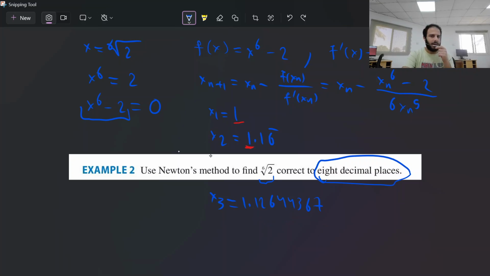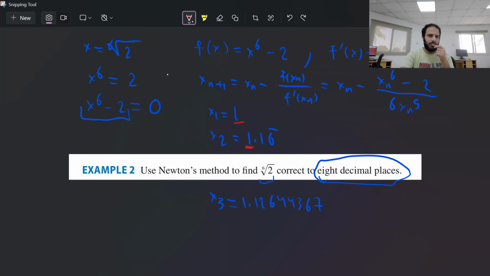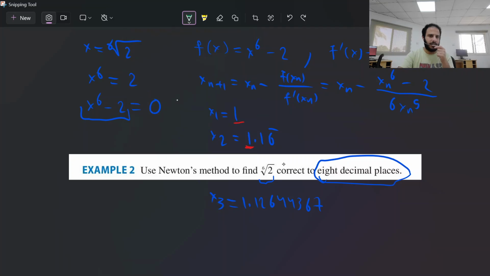Now see here, look at x2 and x3. I will use another color. For example, let's use this one. Here you have 1.1, here you have 1.1. They are the same, right? So you know that this one is correct, right?